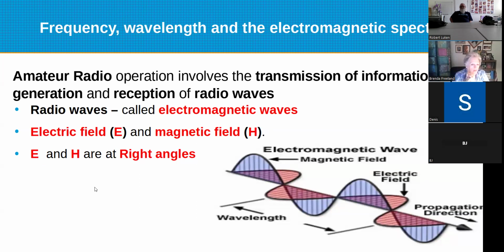The basic thing is, remember that the electric field and the magnetic field are 90 degrees apart, or right angles, or orthogonal, however you choose to remember it. And we call them electromagnetic waves because it's composed of both an electric field and a magnetic field.